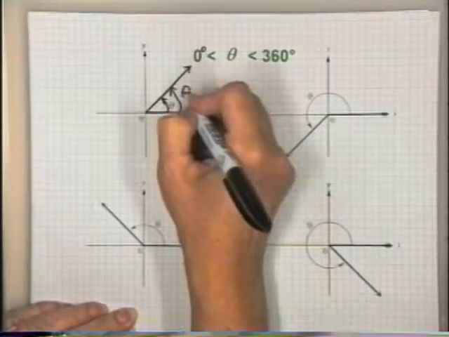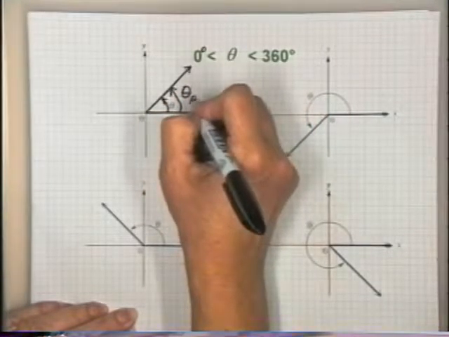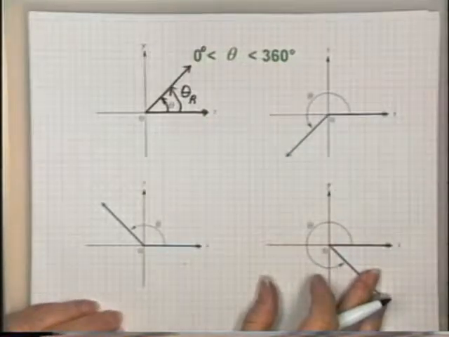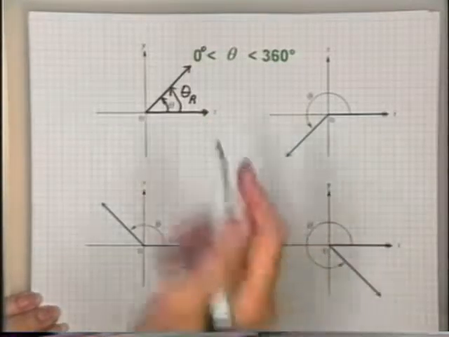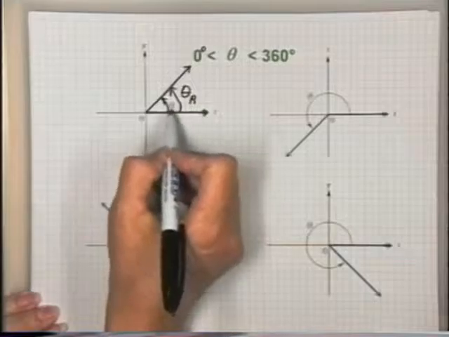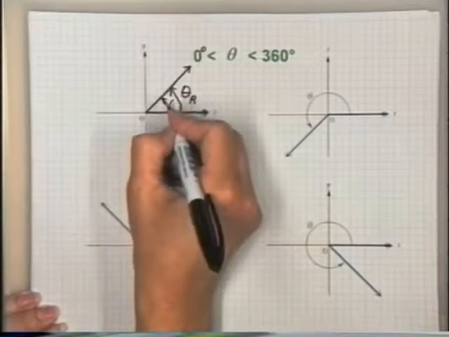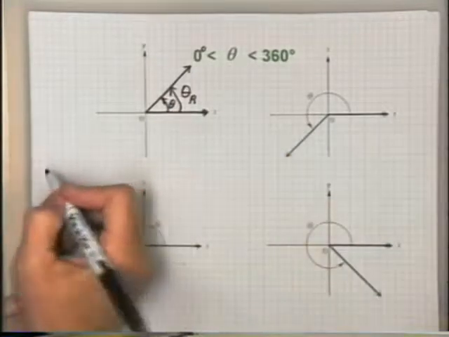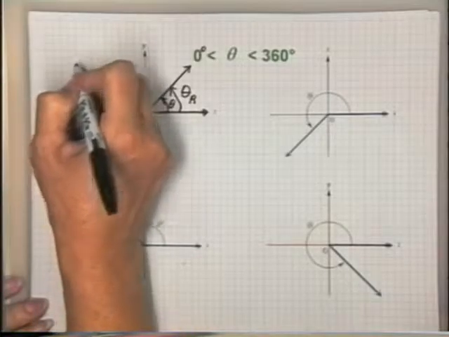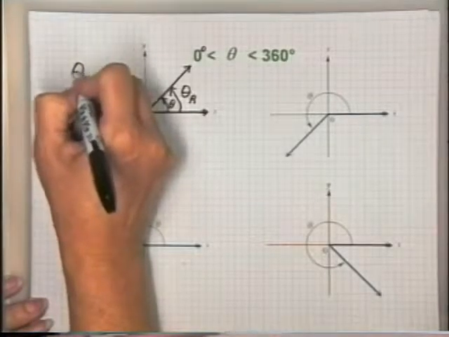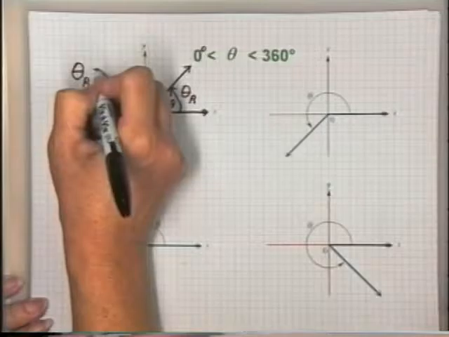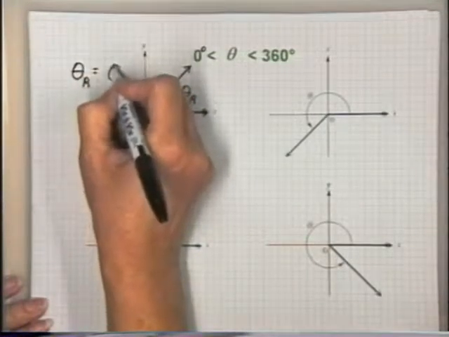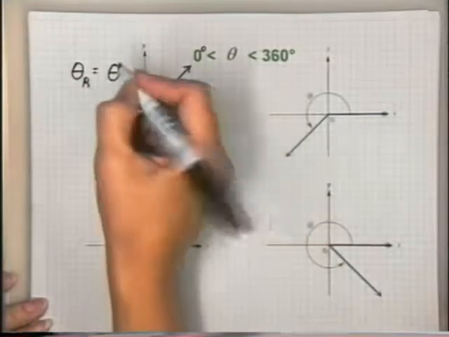Now I call the reference angle theta with the subscript r to stand for reference. And in this case, how does the reference angle compare to theta? Well, they're equal, aren't they? So for a first quadrant angle, the reference angle is just equal to whatever the first quadrant angle is.